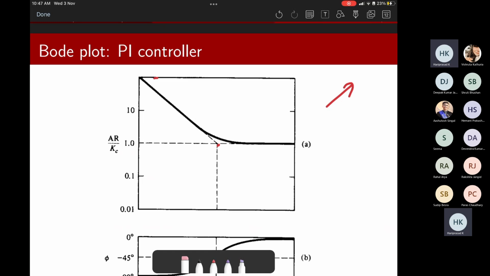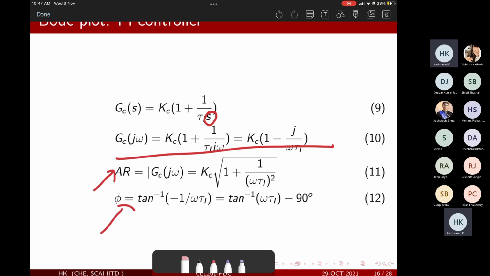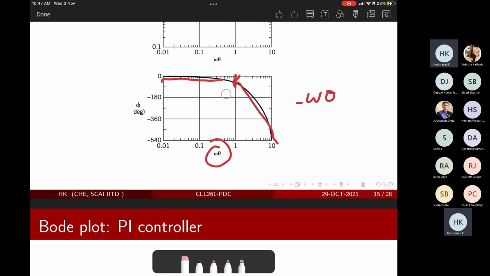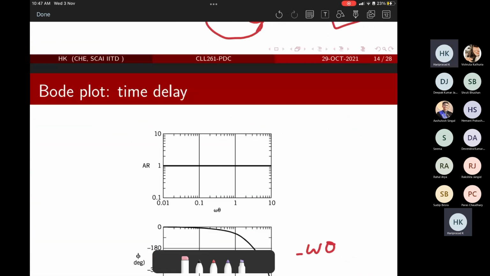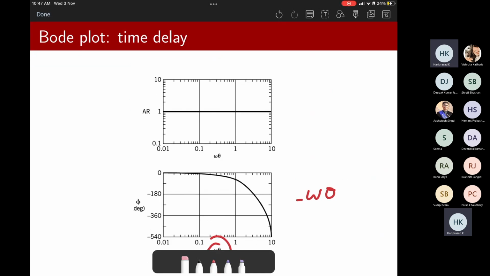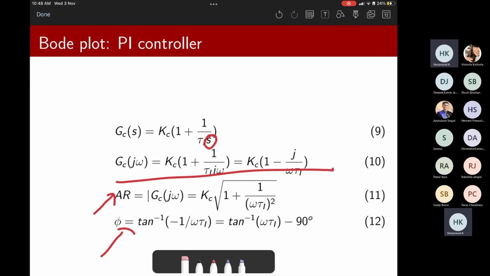If you are given a transfer function, you should be able to draw a Bode plot, or identify a corner frequency, low frequency asymptote, high frequency asymptote, possibly the slope of the low frequency asymptote or high frequency asymptote. This is of course not an exclusive list of models. You can have anything. Is that agreed?